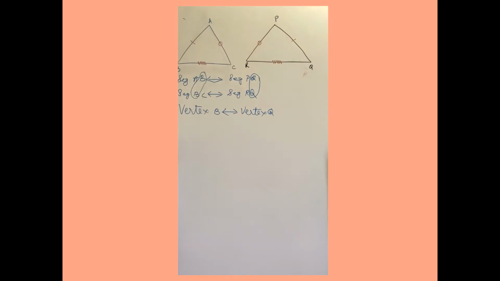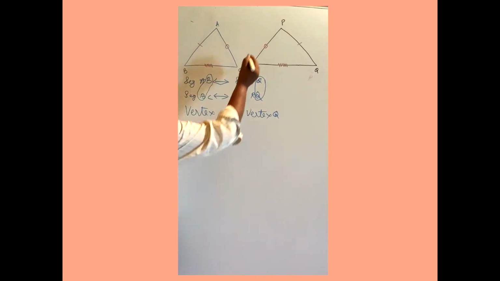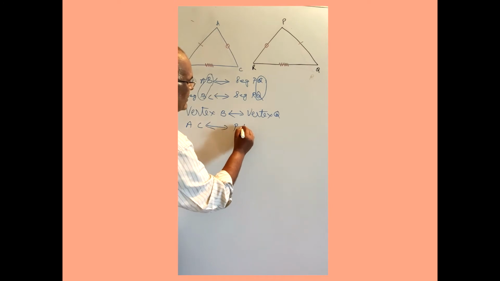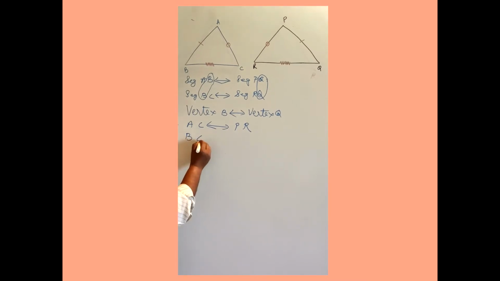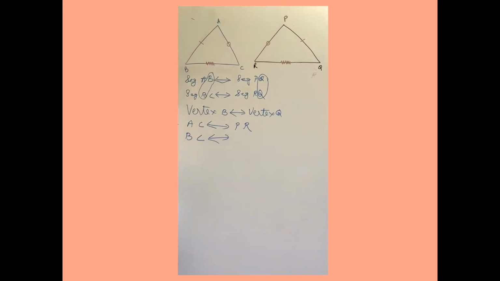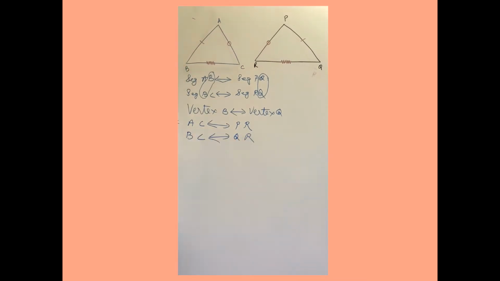Now we will go for AC. Segment AC corresponds to PR. Clear? And BC corresponds to QR. What you'll find here?